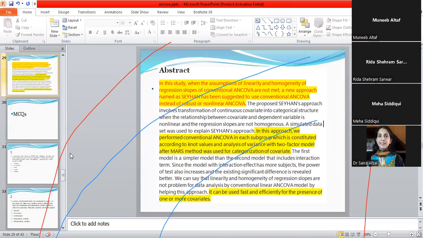Since this model with the interaction effect has more subjects, the power of the test also increases and the existing significant difference is revealed better. So we can say that linearity and the homogeneity of the regression slope are not a problem for data analysis by the conventional linear ANCOVA model. By using this approach, it can be used fast and efficiently in the presence of one or more covariates.